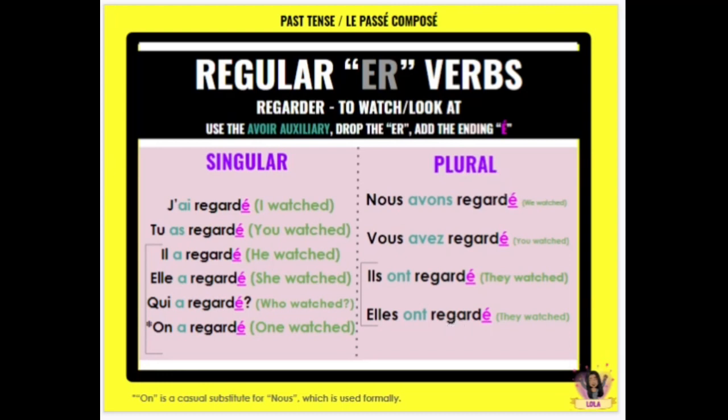So we have j'ai regardé, tu as regardé, il a regardé, elle a regardé, qui a regardé, on a regardé. You can see the English translations here on the side. Nous avons regardé, vous avez regardé, ils ont regardé, elles ont regardé.